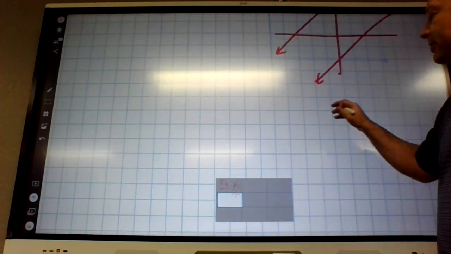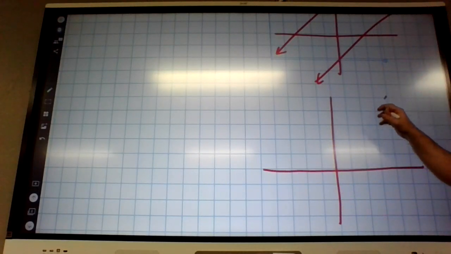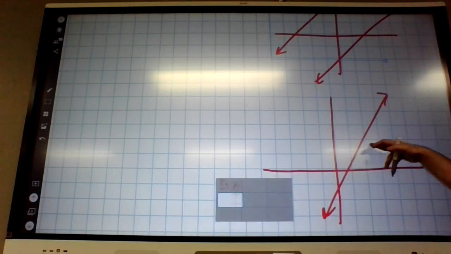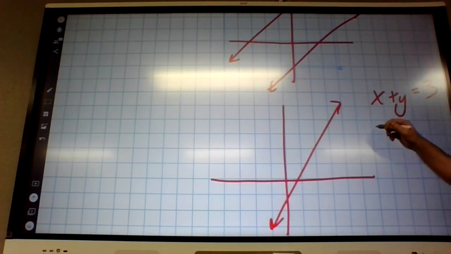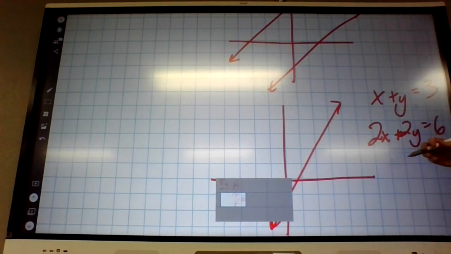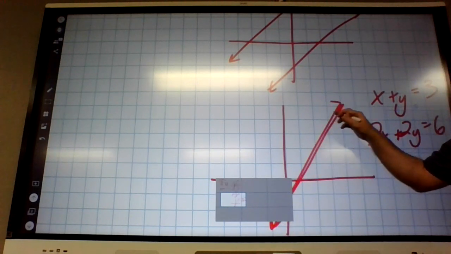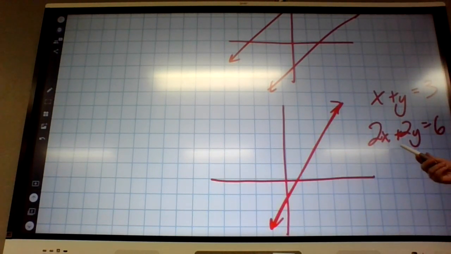Another case, I can't remember if they do this on this assignment. It could be that sometimes like x plus y equals 3 and like 2x plus 2y equals 6. These happen to be the exact same line. So if you try to draw them, they would just be on top of each other.